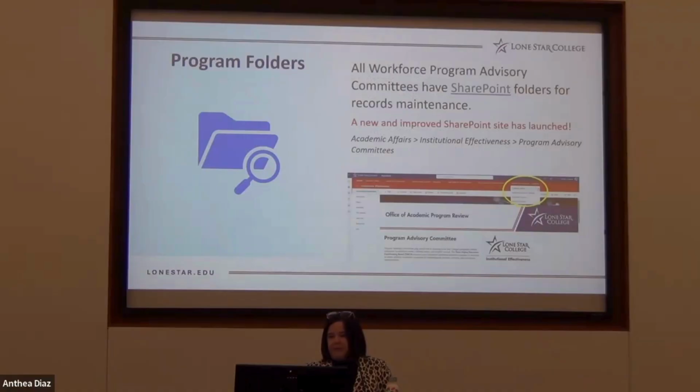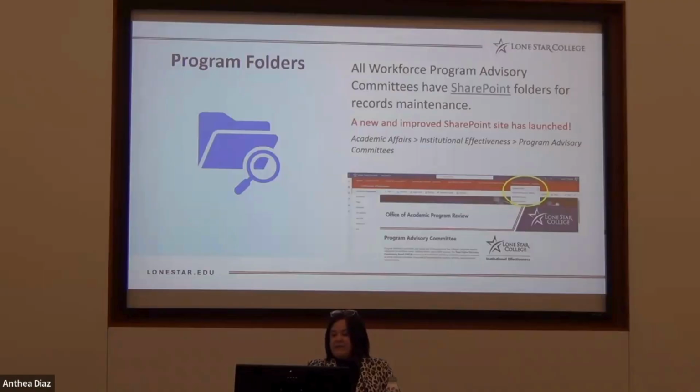So program advisory committees, how do we document that? Where is our central repository? Each of our programs has a program folder in SharePoint under the institutional effectiveness division. We have a new and improved SharePoint with some resources, and I'll share those with you later in the session.